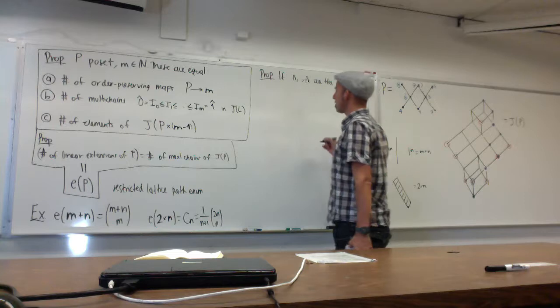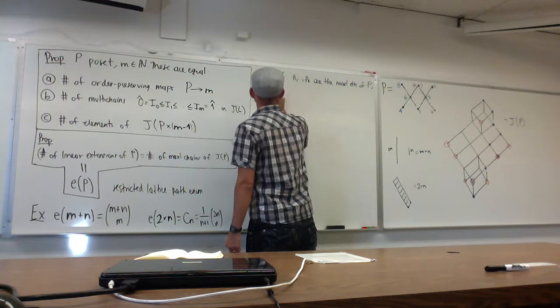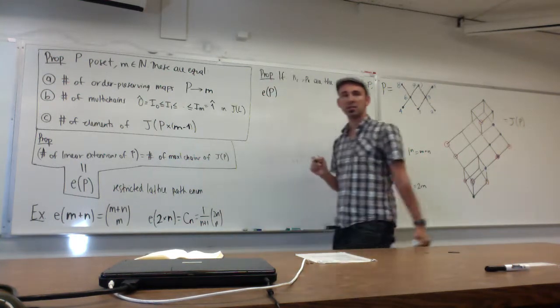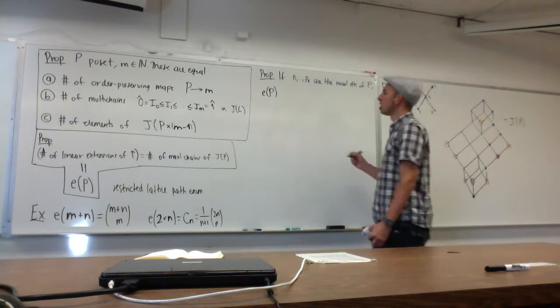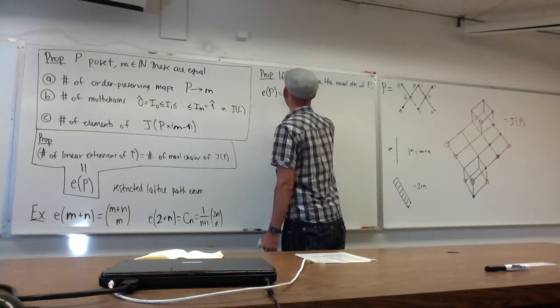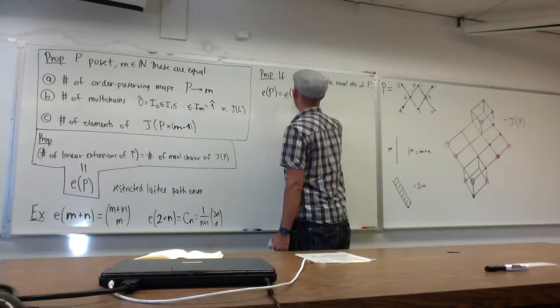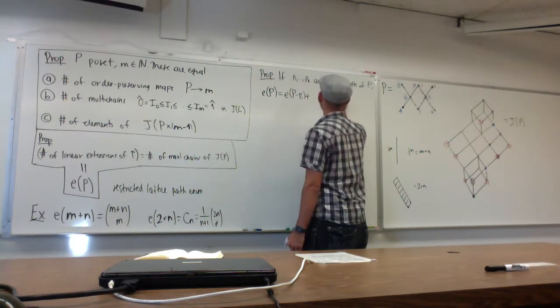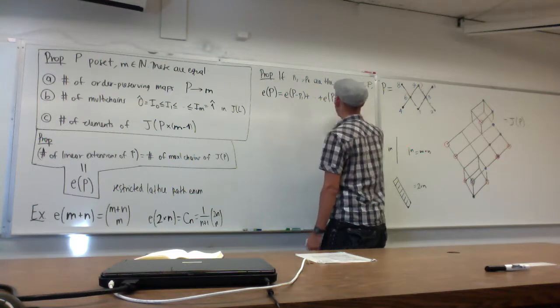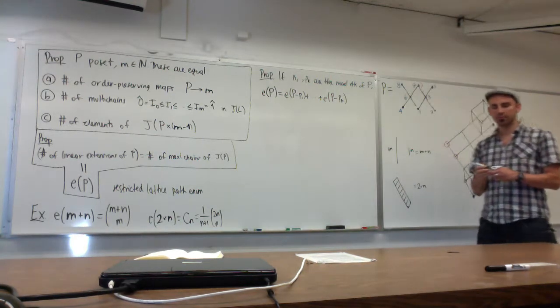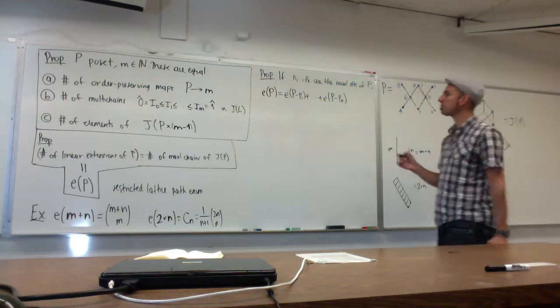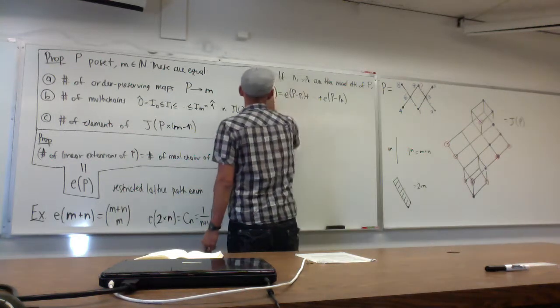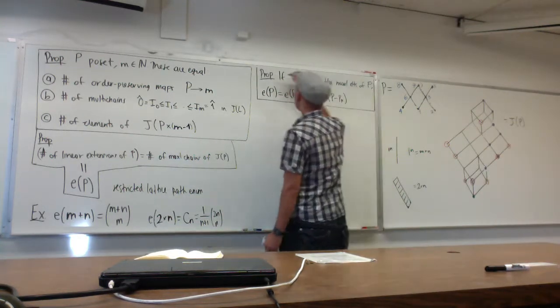So if this is the case, then the number of linear extensions of your poset is equal to the extensions of P minus P1 plus the extensions of P minus P2 up to the extensions of P minus Pk. So it's a recurrence relation for these numbers.